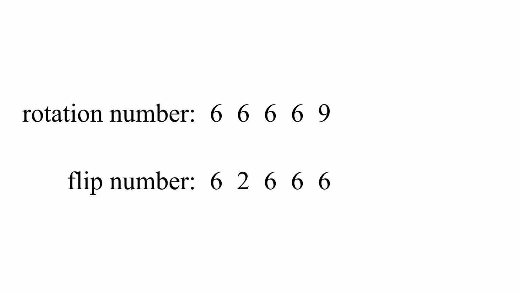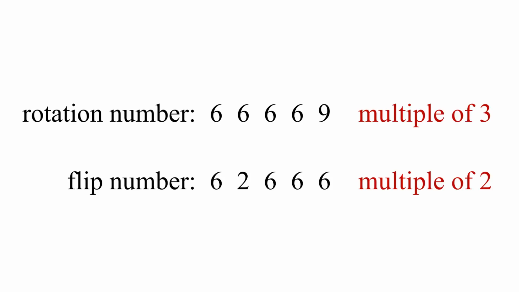Well, you'll see a lot of 6s. It is true that the rotation number has a 36% chance of being exactly 6, and the flip number has a 45% chance. But other numbers do occur.